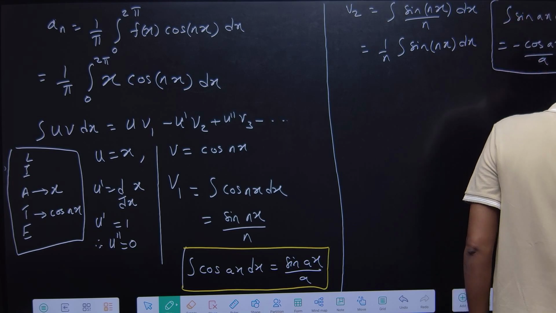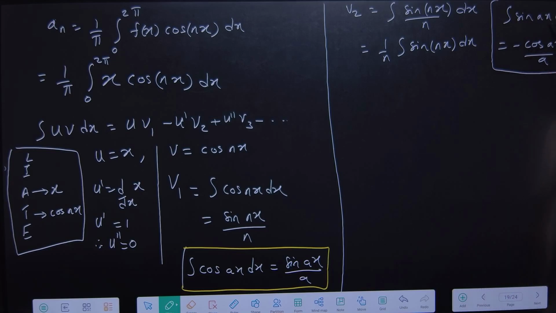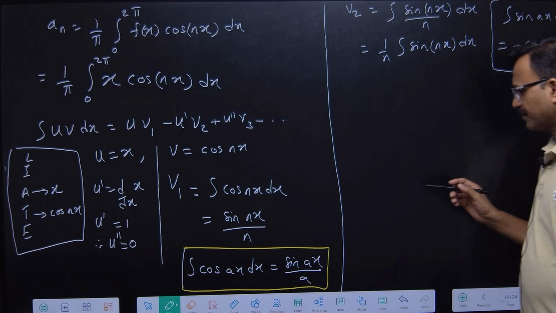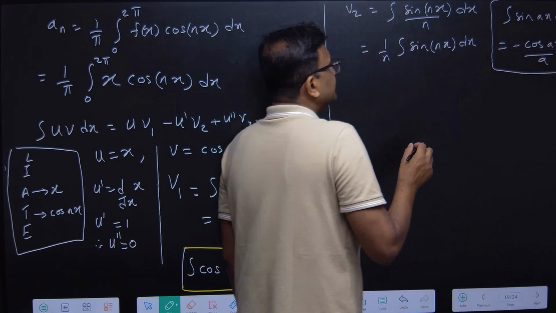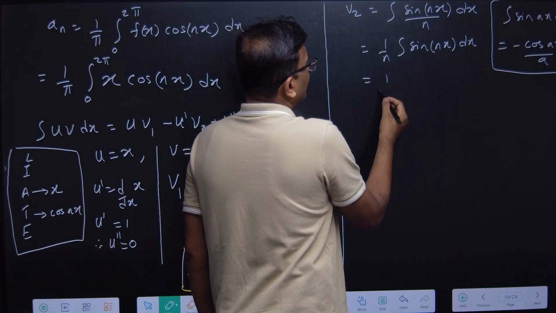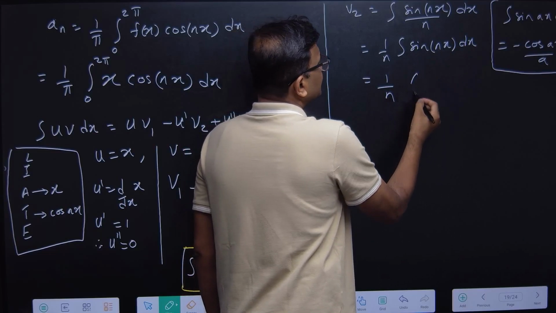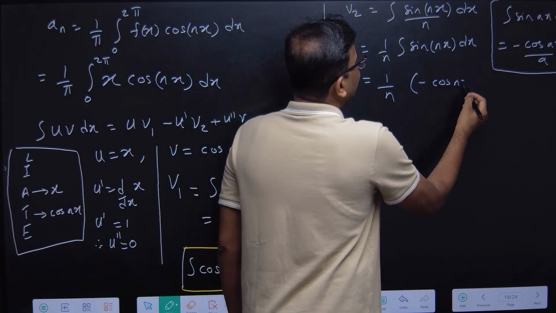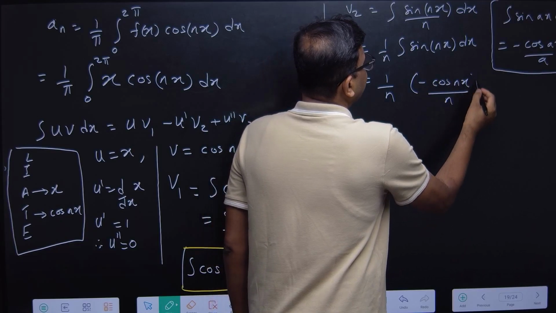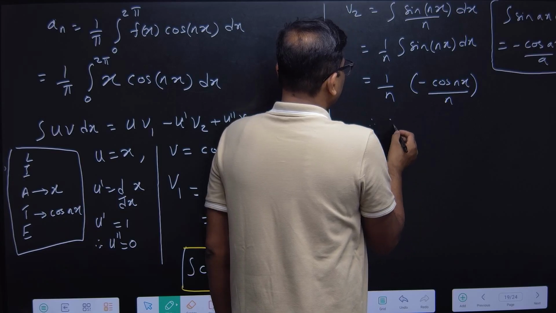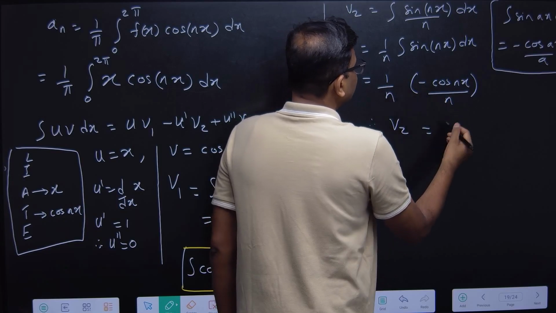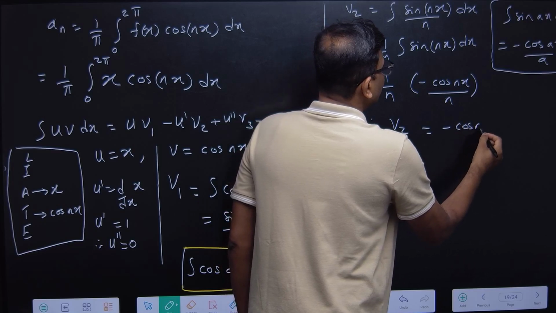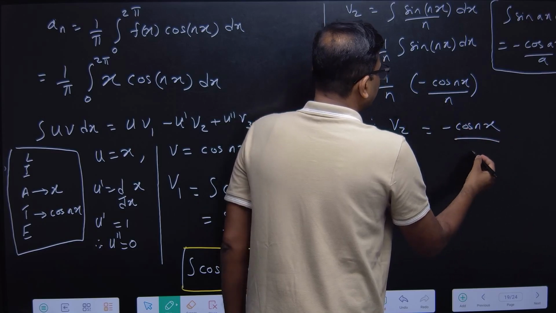Integration of sine x is minus cos x, and integration of sine ax is equal to minus cos ax upon a. So here, if you apply that formula, integration of sine nx will become minus cos of nx upon n. So therefore, we get v2 is equal to this 1 into minus cos nx, which will become minus cos of nx, and this n into n will be n square.